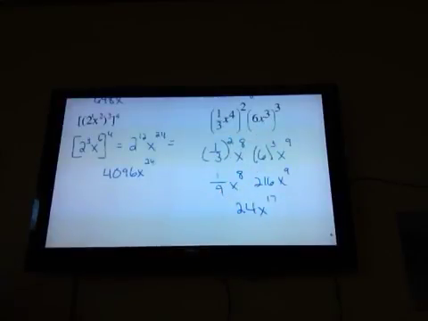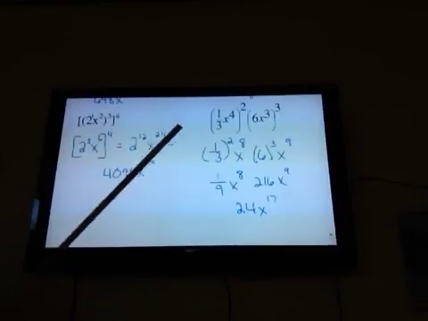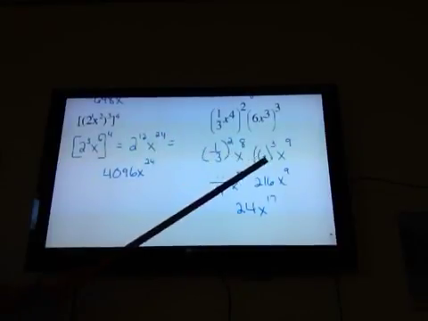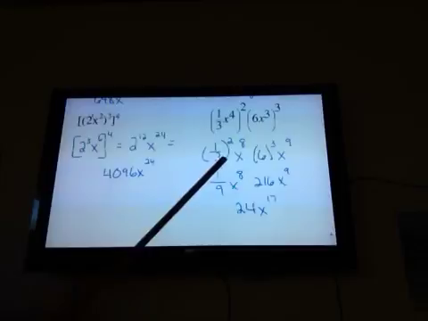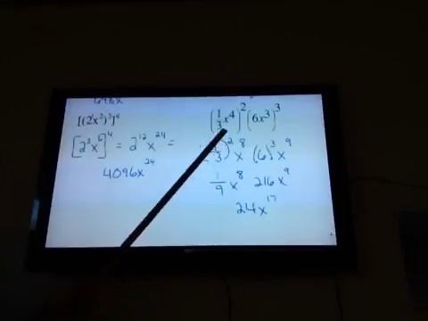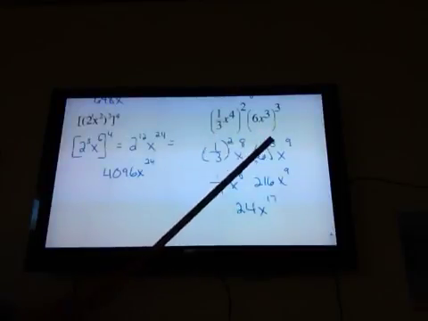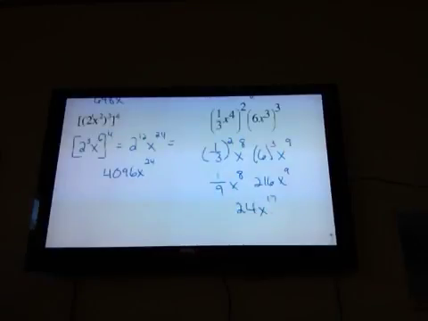You have to do that power first. Because if you canceled that, what would you do with those powers hanging up there? Okay, so exponents are going to come before multiplication. So we've got to simplify your 1/3 squared and your 6 to the 3rd first.